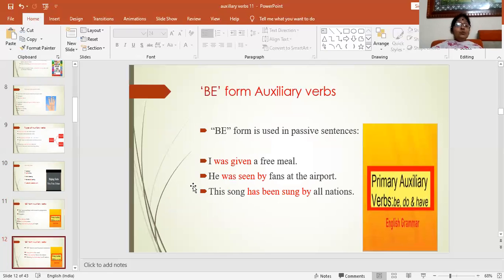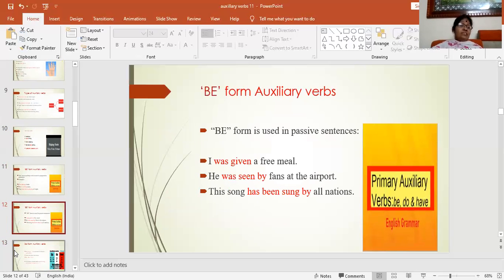It is also used in passive sentences, where I will say I was given a free meal, he was seen by fans at the airport, and this song has been sung by all nations. So I think you're clear with be form. No doubts? So we'll proceed now to the next part.